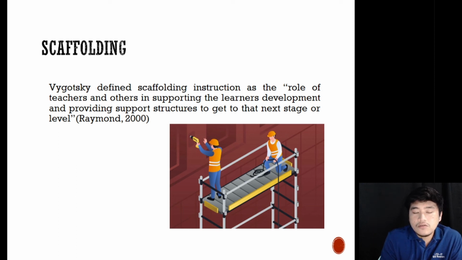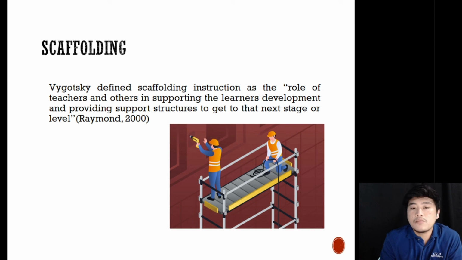So ang nangyayari doon sa father is that hinahawakan niya yung likod ng bisikleta to help the child balance the bicycle. So once na nakukuha na ng bata on how to balance the bicycle, binibitawan na ng father.